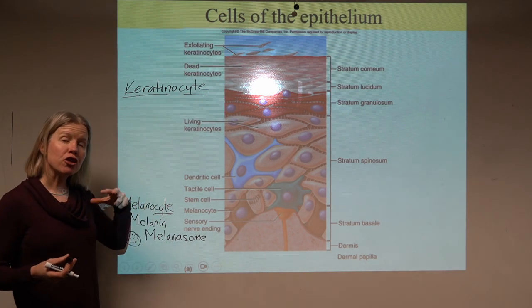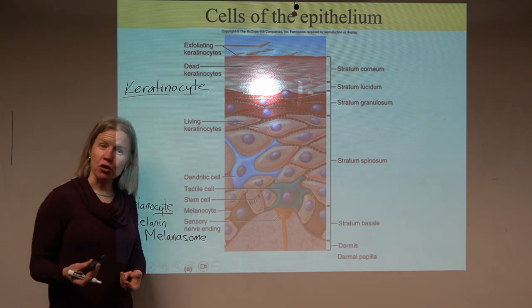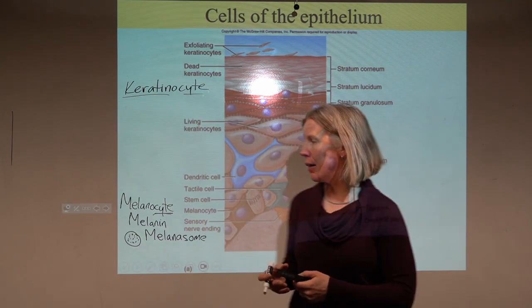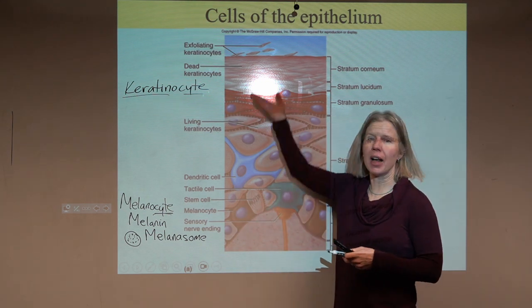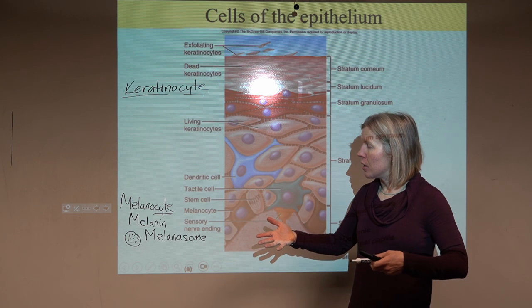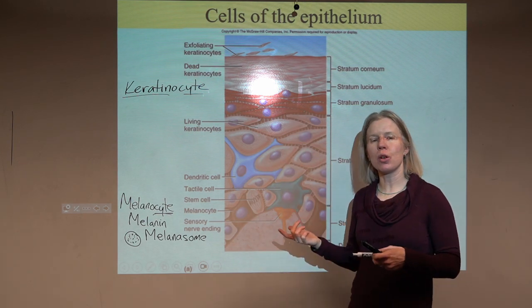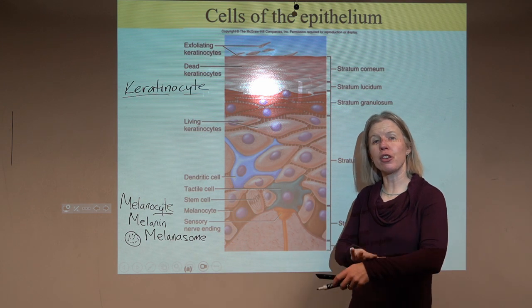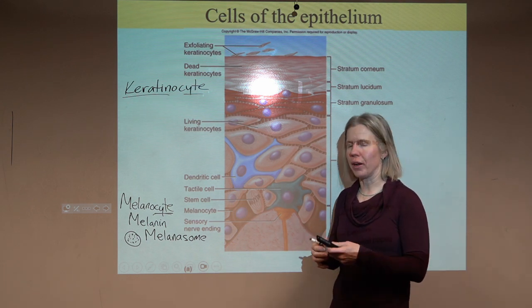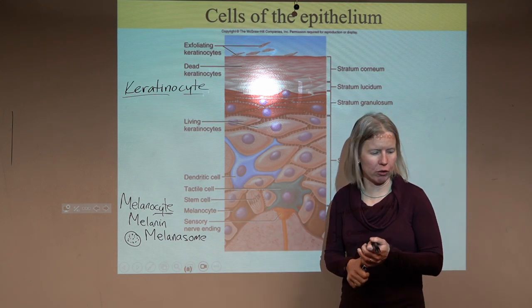So it's actually exposure to UV radiation. The keratinocytes are going to trigger the melanocytes to make more melanin and move that to the surface of the skin. Your tan is then not permanent, because as those cells move to the surface, they're eventually going to shed. Those melanosomes also get degraded over time in the keratinocytes.